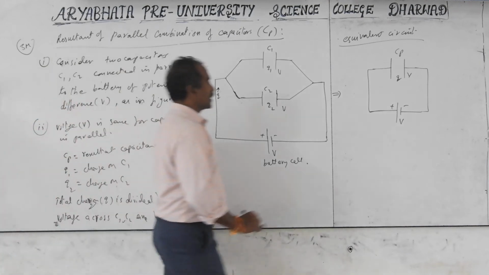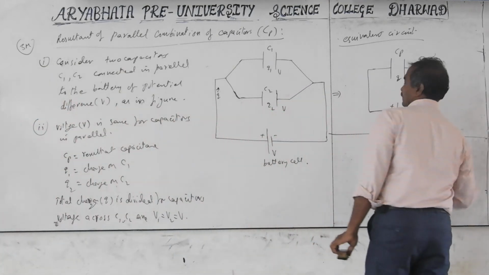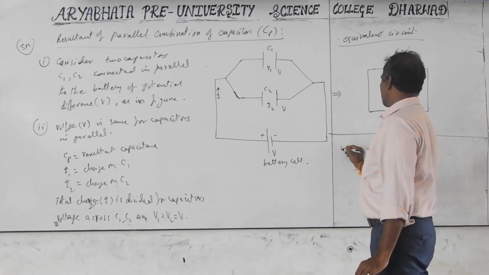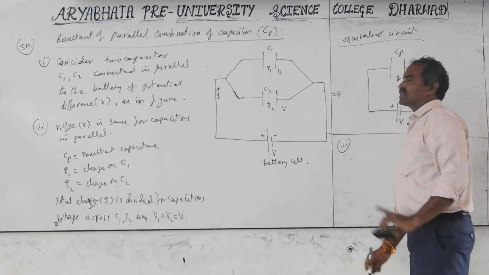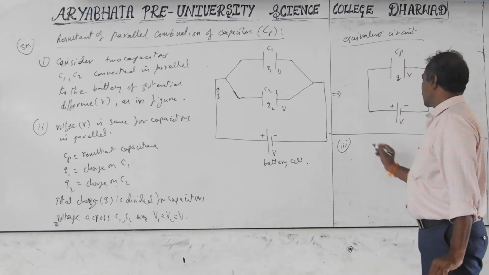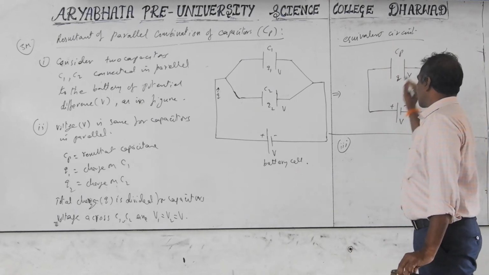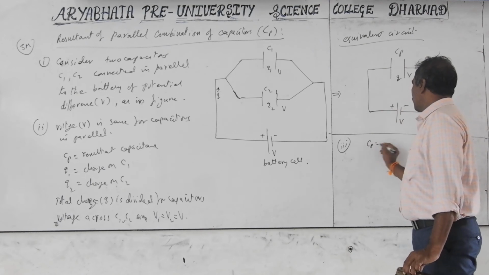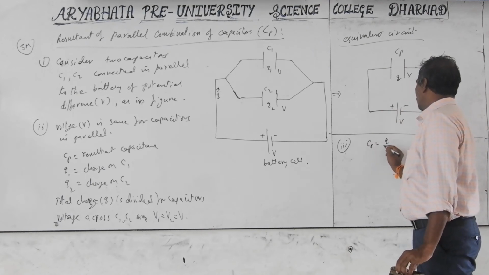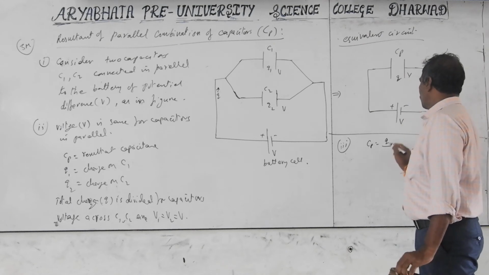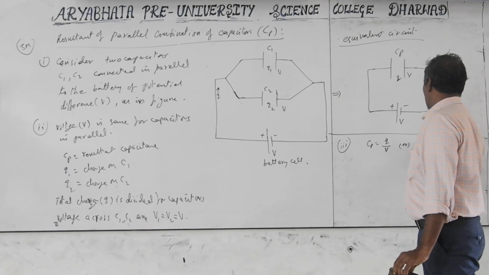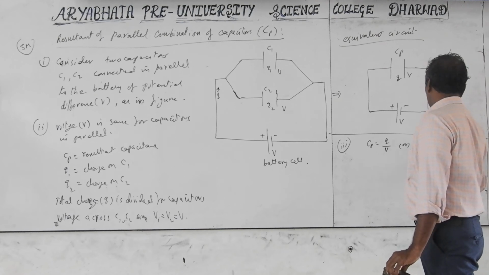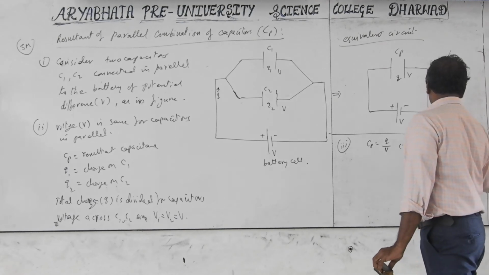So we get the relationship for the resultant capacitance. C equal to Q by V is a basic relation we take in every case. C parallel, Cp equal to Q, total charge Q by total voltage V, or Q is equal to C parallel times V. This is equation 1.